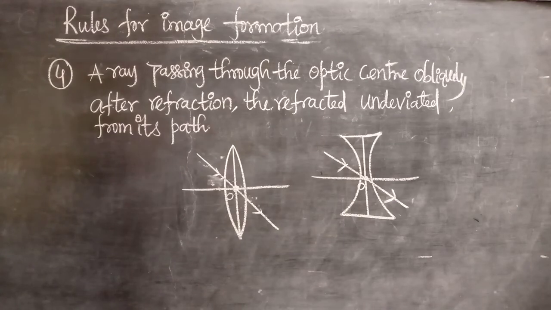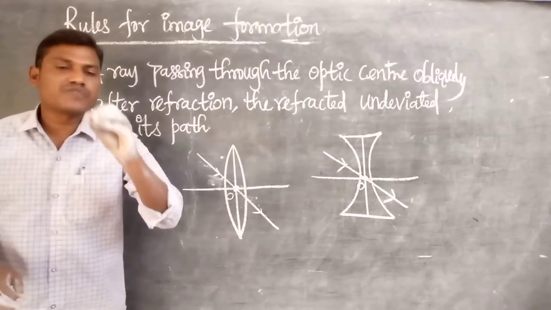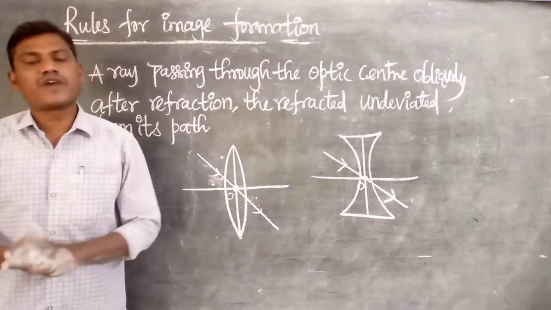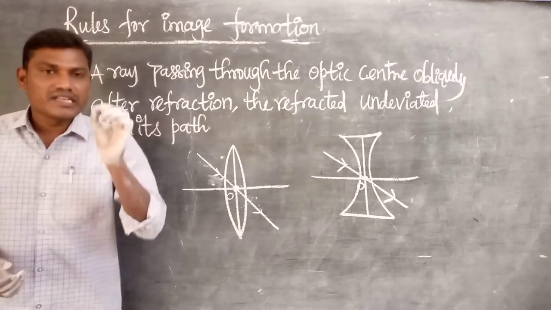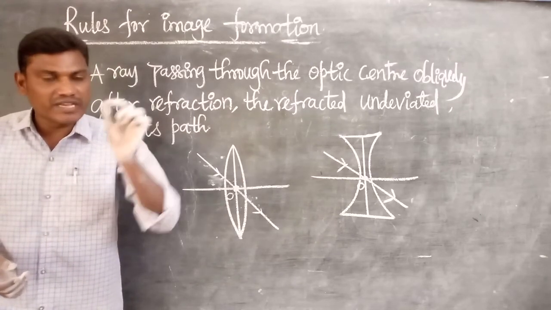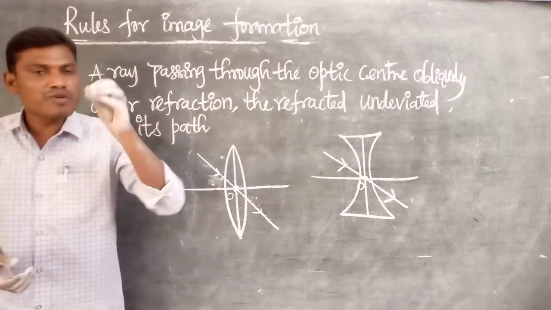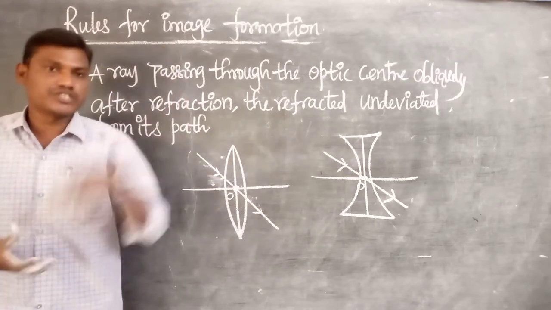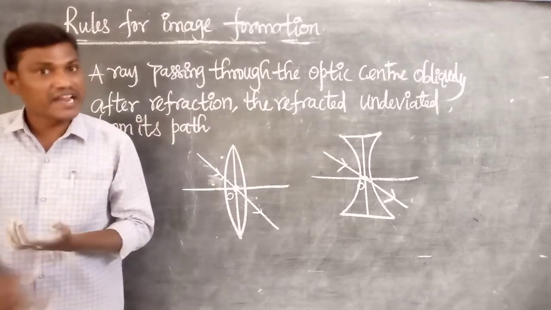So these are the ones. What are the uses of rules for image formation? In order to locate the position of the image and nature of the image graphically, we must follow some rules and regulations, which were given by the scientist Fermat.